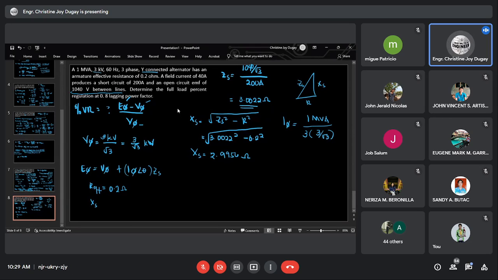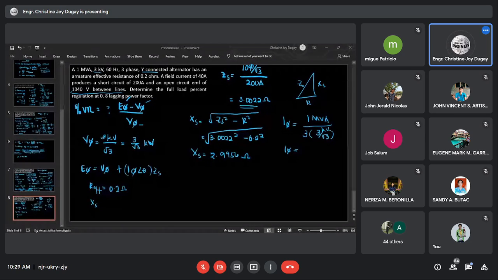Ang I phase natin ngayon is equal to 1 times 10 raised to 6 over 3 times 3. Naka-kV ito ha. So, i-multiply nyo siya ng times 10 raised to 3, or that is 1,000.